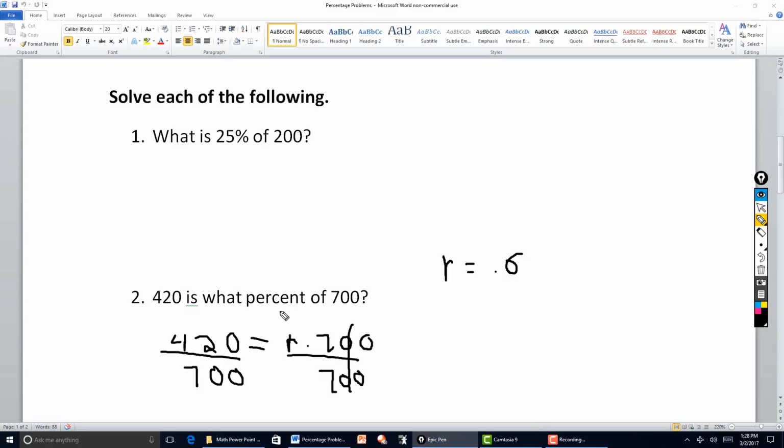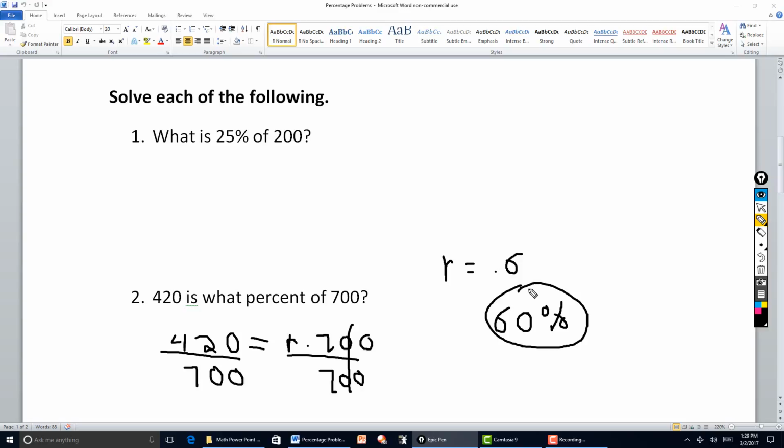Normally though, if you're looking for a percent, you want to express the number as a percent. So instead of saying the rate is 0.6, we move the decimal to the right 2 places. That means I'd have to add a 0, and then I add the percent sign. So 420 is 60% of 700.